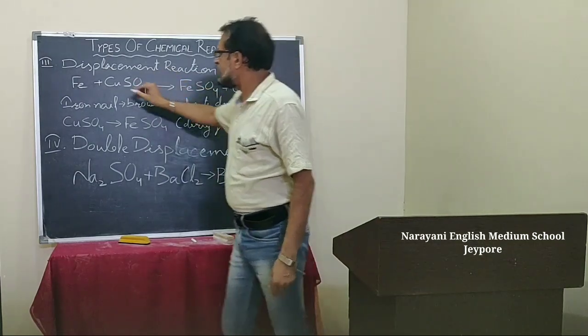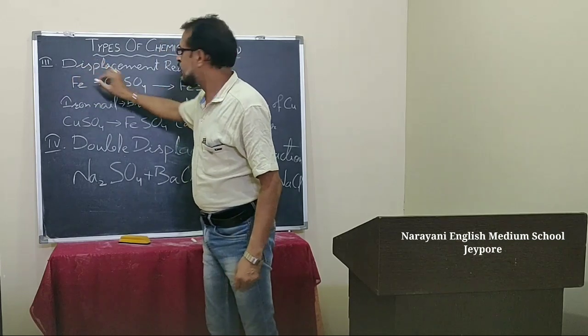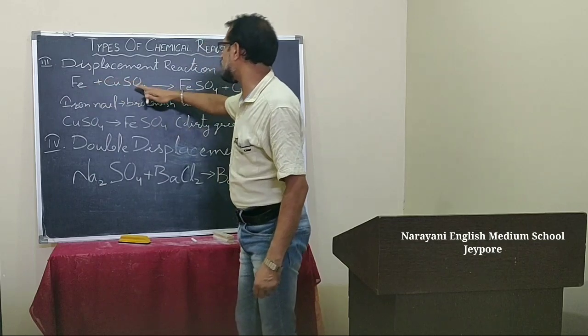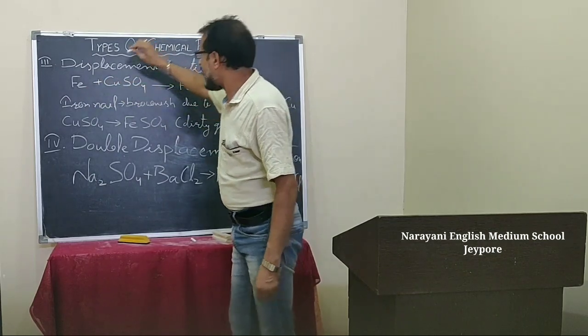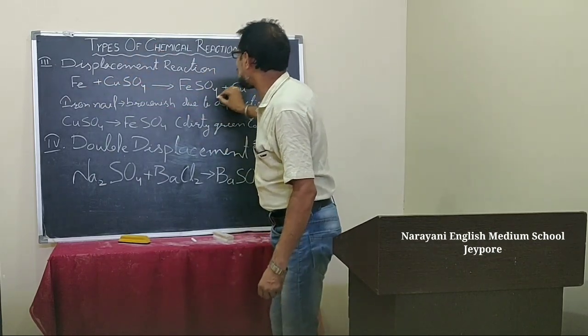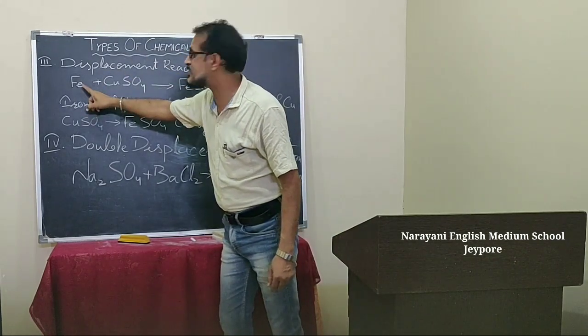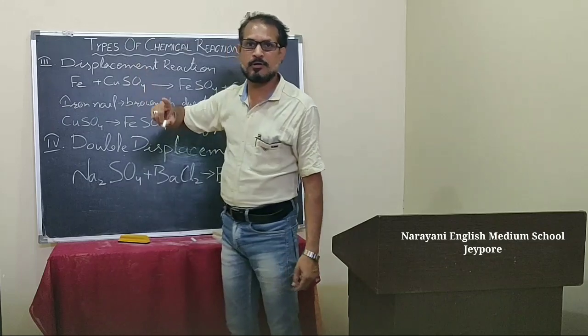In this, Fe and CuSO4, iron and copper sulfate, when they react with each other, the sulfate reacts with iron, because iron is more reactive than copper.